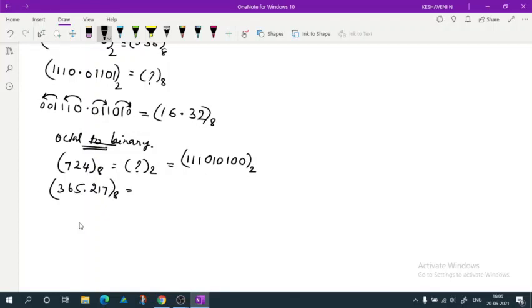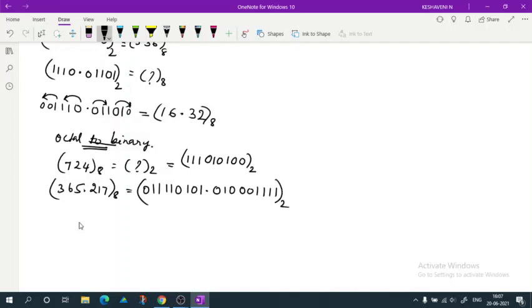This is equal to 3, and 3 can be written as 011, 6 can be written as 110, 5 can be written as 101, point, 2 can be written as 010, 1 can be written as 001, 7 can be written as 111. This is the value.